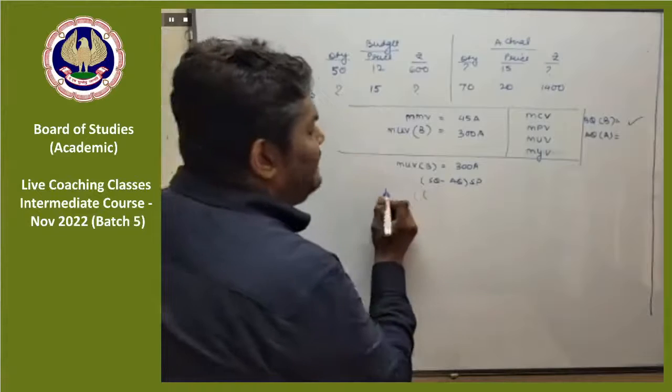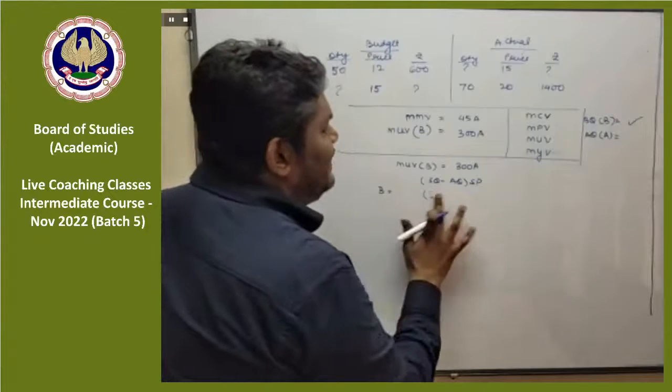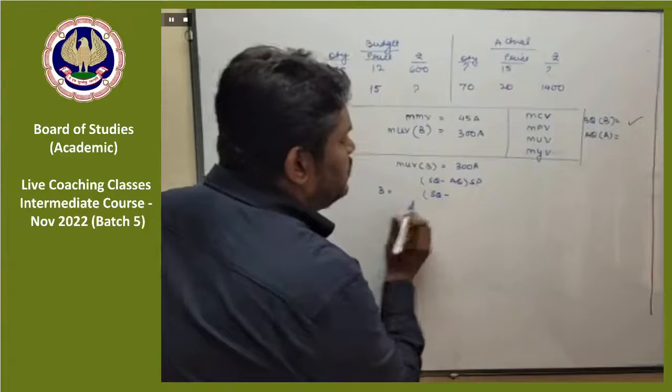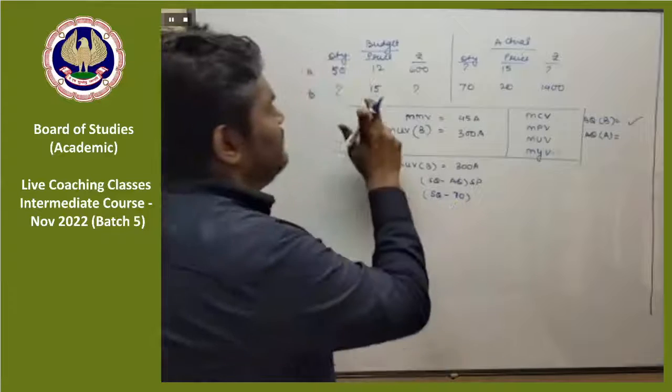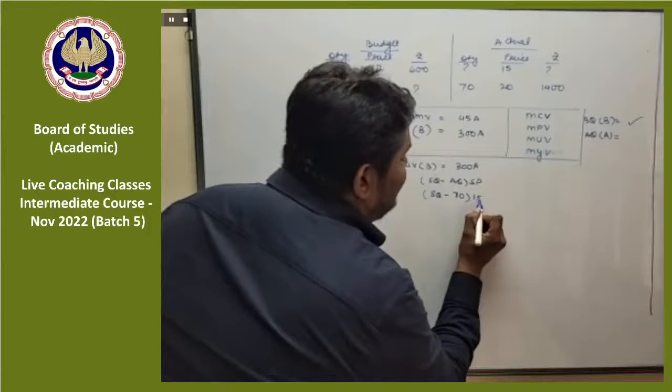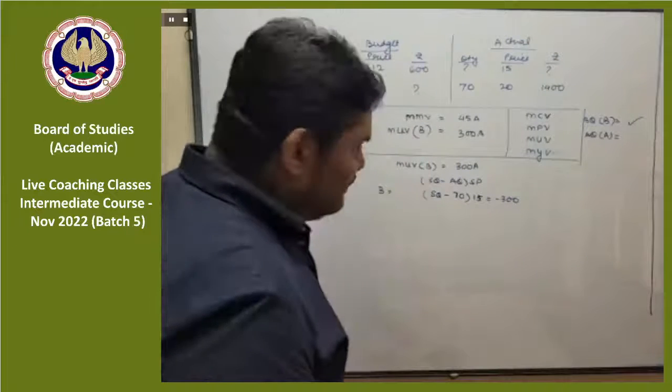I don't have the standard quantity of B, so let's assume it as X, or we can simply write standard quantity. Minus the actual quantity, that is 70, into standard price, that is 15, and this should be equal to 300 adverse.